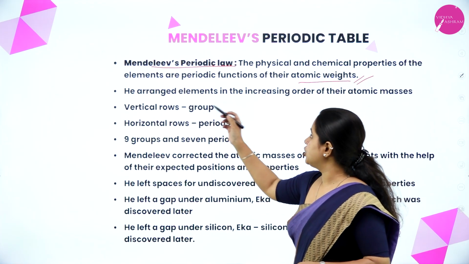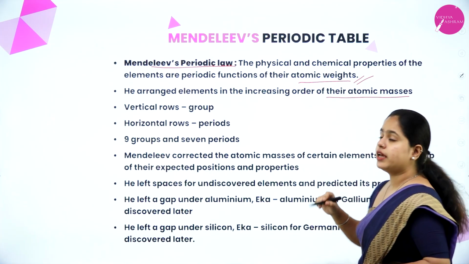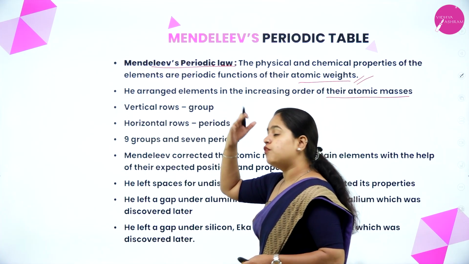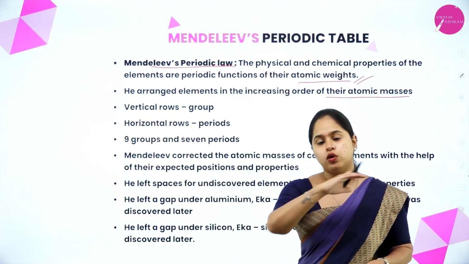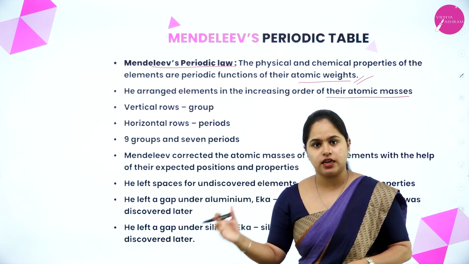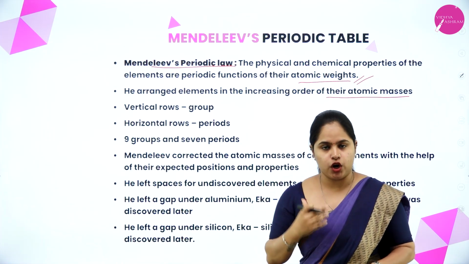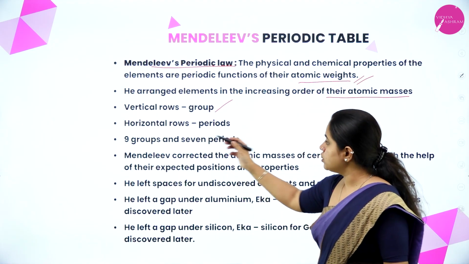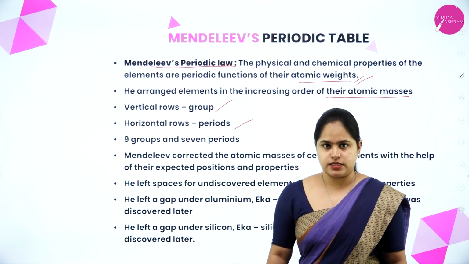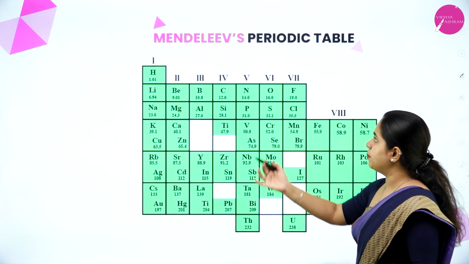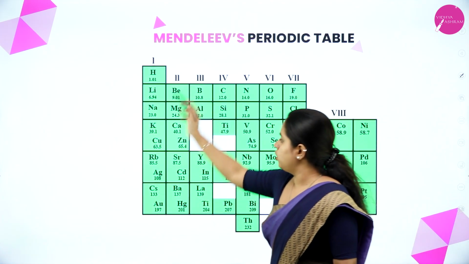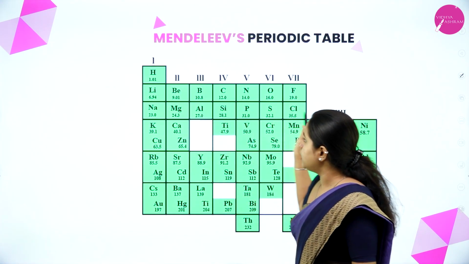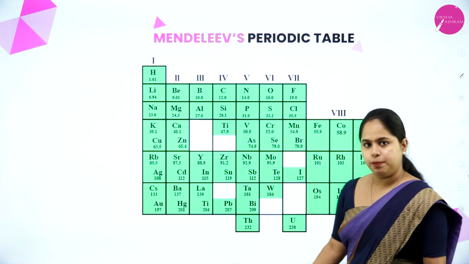He arranged elements in the increasing order of their atomic masses or atomic weights, and there were vertical rows and horizontal rows in this table. The vertical rows were called groups and the horizontal rows were called periods. As you can see, this is Mendeleev's periodic table. These horizontal rows, it is called as groups, right? And the vertical rows, it is called as periods.